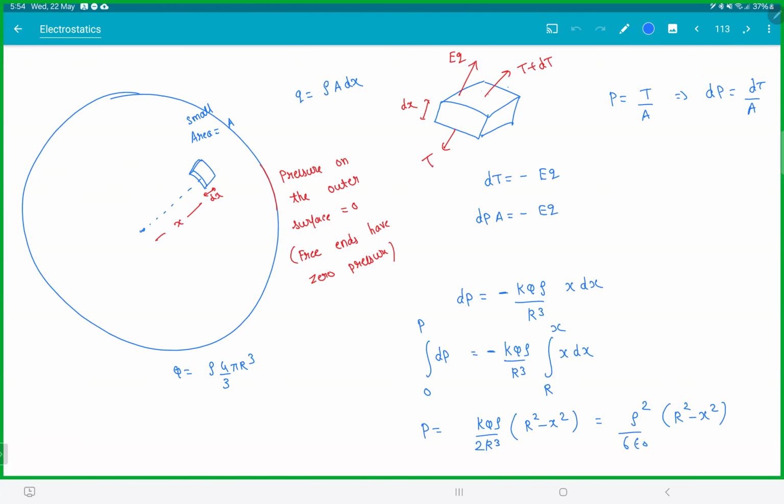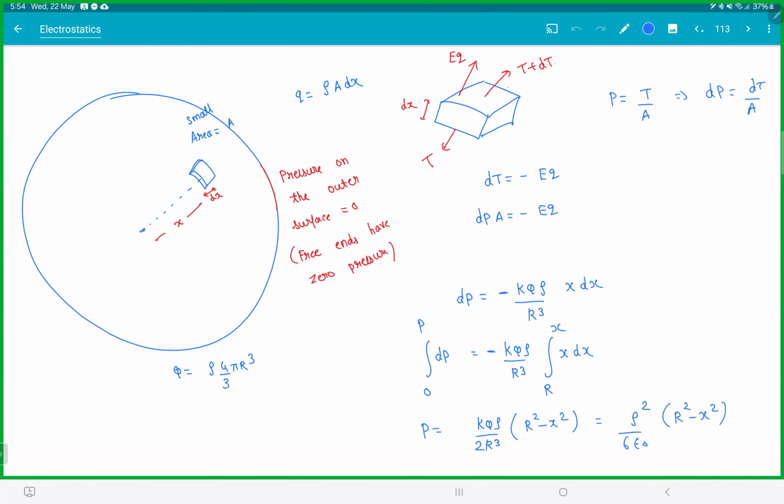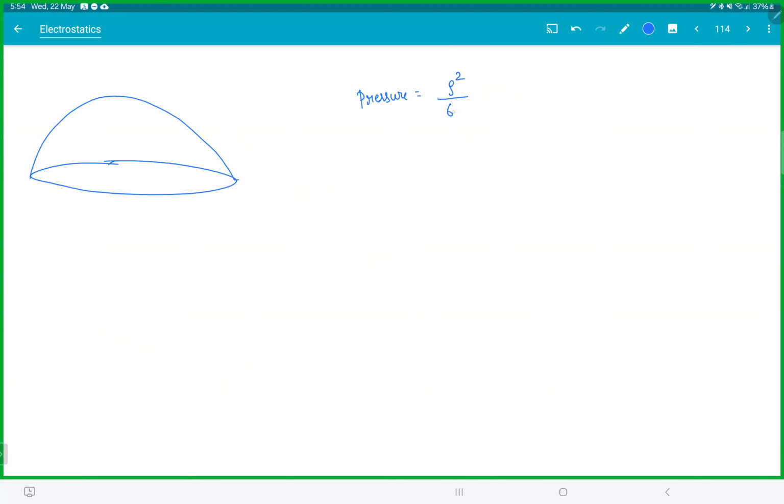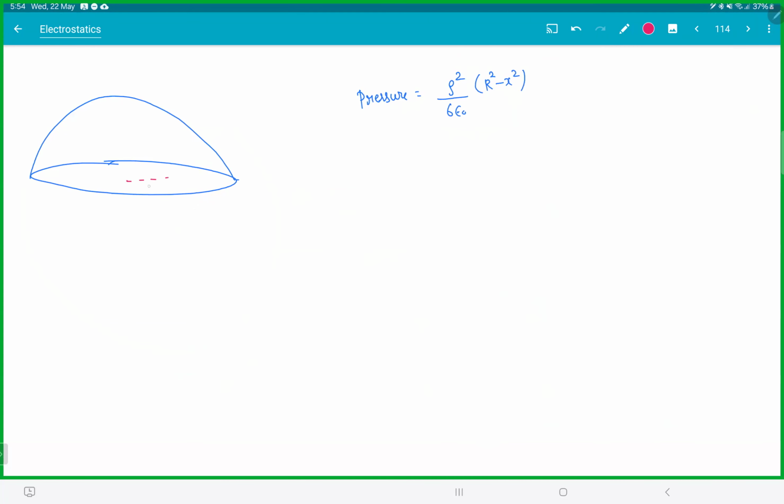We calculated the pressure, which is rho square by 6 epsilon into r square minus x square. So at a distance x from the center, we will take a thin ring, like this, with thickness dx.